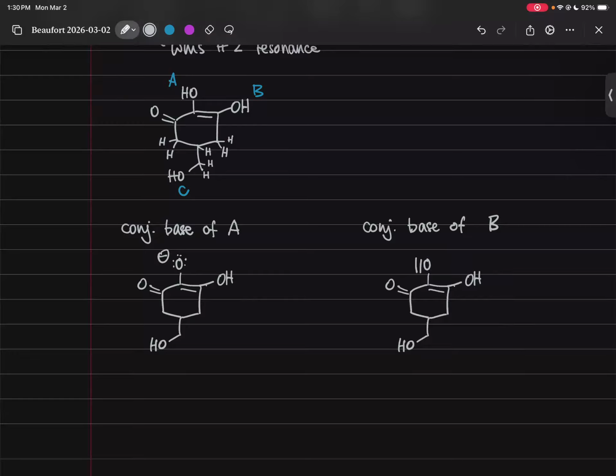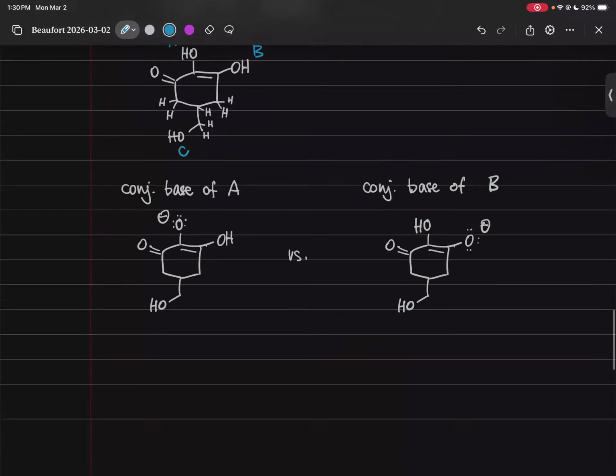That becomes OH, and then this. Okay, so really what we're comparing is these two molecules. So now resonance structures for these guys.